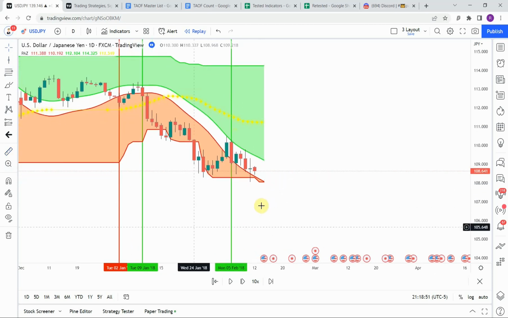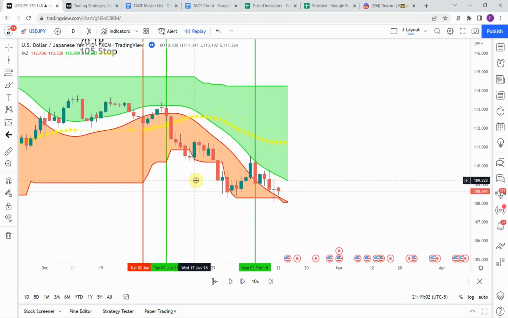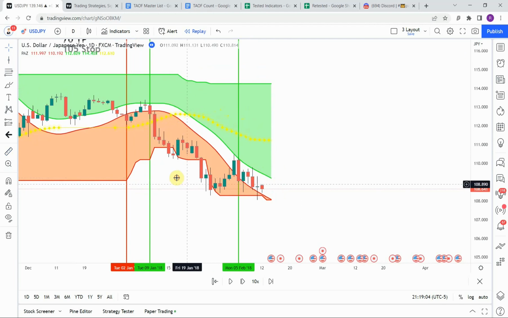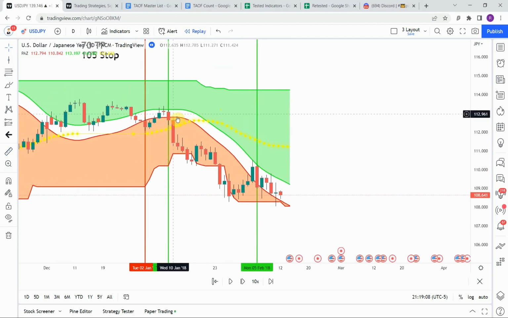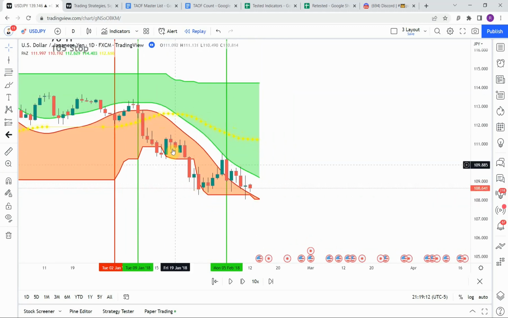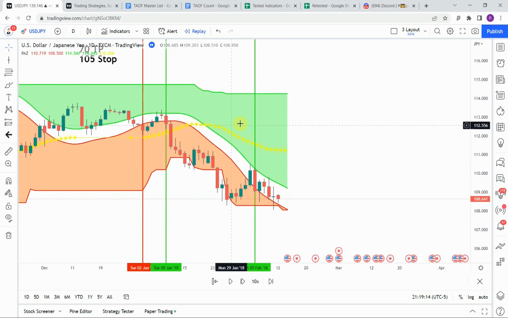All right, we then pick up another signal right here, another short. I'm not going to count a break to the downside or the upside of these zones as a valid entry into those zones. We are looking for it to break from the center and not from underneath this zone or above the green zone.